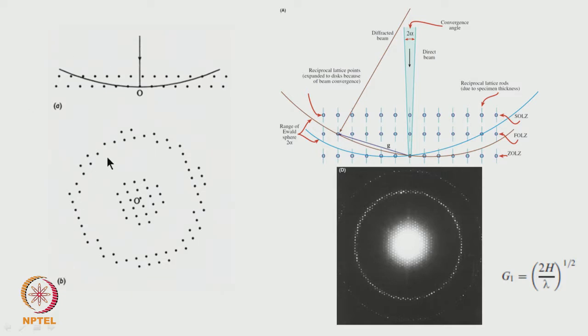So, when we reduce the camera constant, we can get first order planes also, and if we index these and then try to superimpose onto it, then looking at that structure we can find out the type of Bravais lattice. All this information we can get. Okay. That means that essentially in one diffraction pattern we have got the full reciprocal lattice, spots corresponding to a full reciprocal lattice have already come. Is this clear?